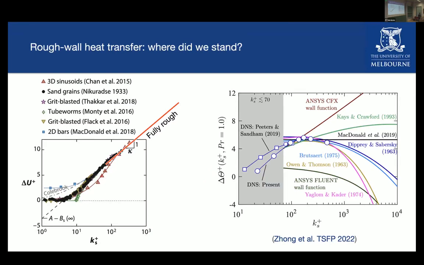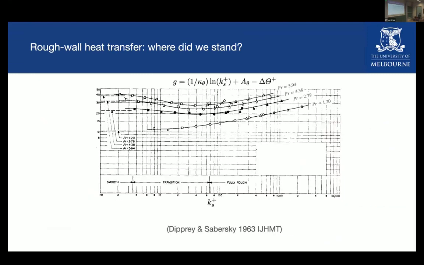To solve this problem, to resolve this scatter, we need high quality data. In fact, all those correlations are calibrated against this data, which you can think of as the Nikuradse plot for heat transfer, if you like. This data was taken at Caltech in the 1960s, and the roughness is close packed granular roughness for different working fluids.